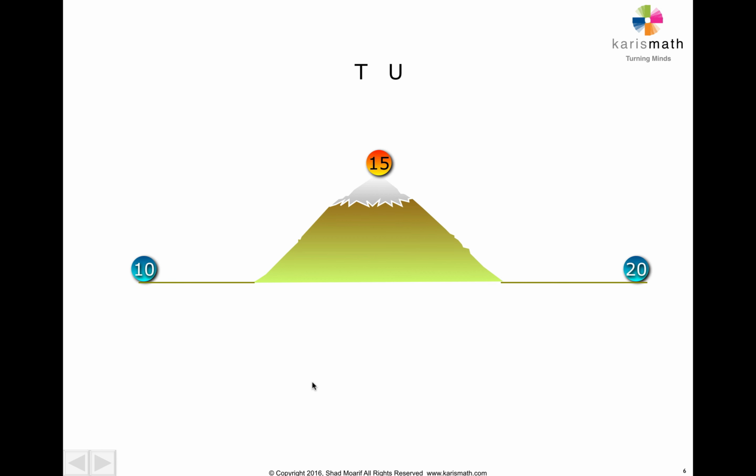Now, let's look at a number like 17. Where will you place it? On this slope or on this slope? Right, you place it on this slope. So 17 rolls automatically down towards 20, so we say 17 is around 20.